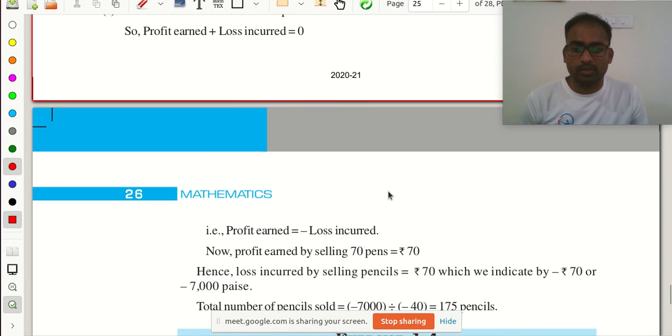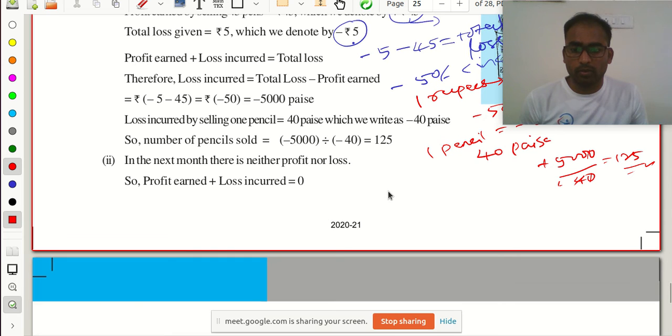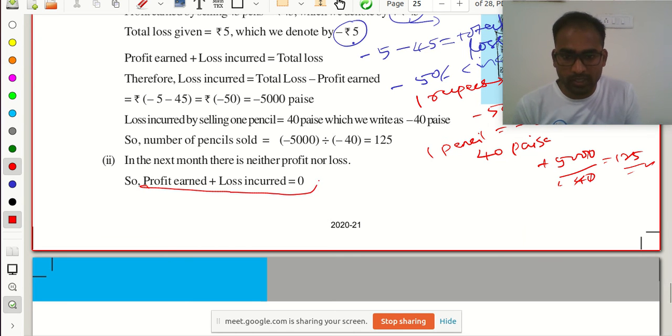So here she doesn't have any profit or any loss while doing business in the next month. No profit and no loss. So profit plus loss is equal to 0.